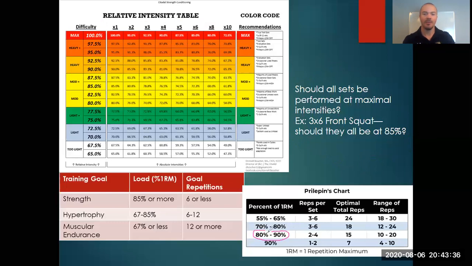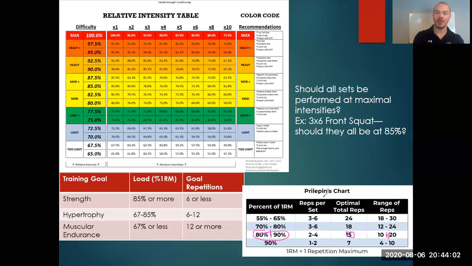Okay, so at 85%, we're sort of right in the middle there. And the optimal training reps are going to be 15 reps, and that's going to be right in the middle of our range of reps. So 3 sets of 6 front squat, it fits in that range. It's just a little bit high on the range. Let's say that's like our imaginary 18 marker right there. So for Prilipin's chart, it fits.